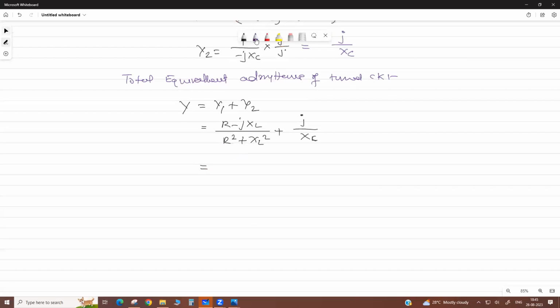Now we can take an LCM, no? What LCM comes? LCM is R square plus XL square into XC.